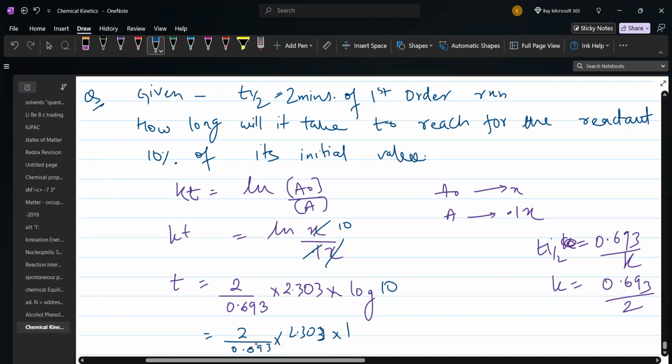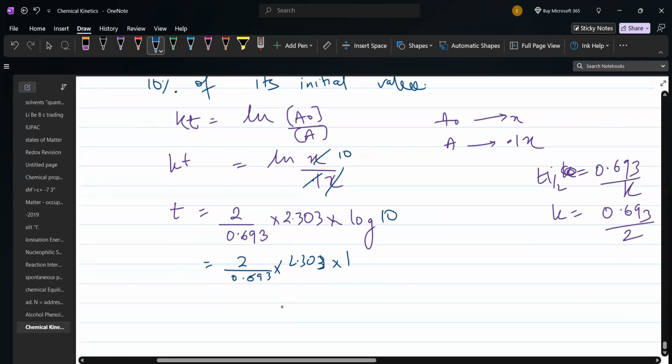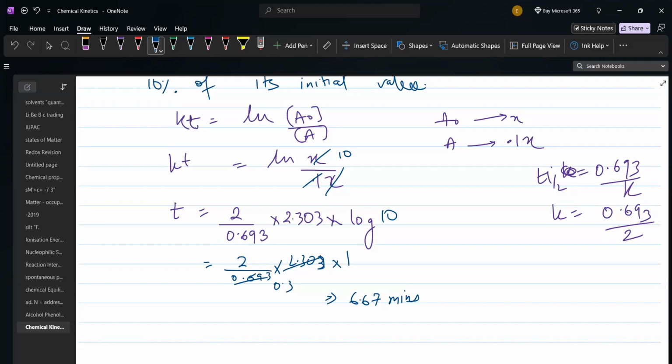So you will cross this and this, you will get 0.3 and you will get the final answer as 6.67 minutes. Understood the problem? Yes, sir.